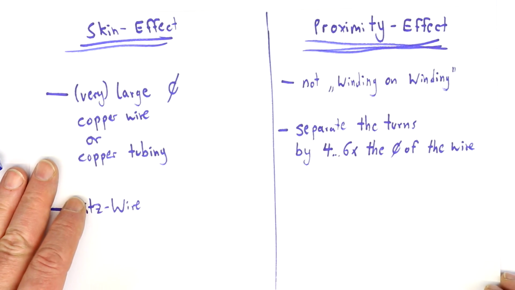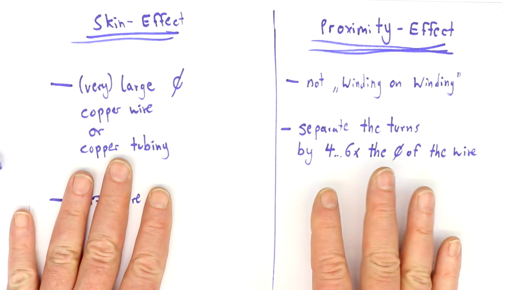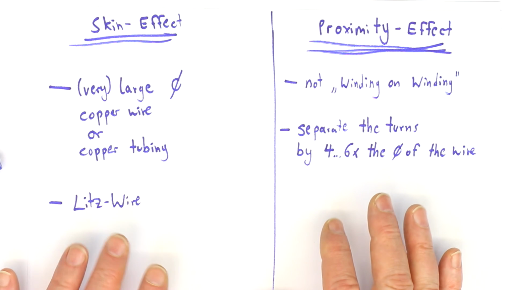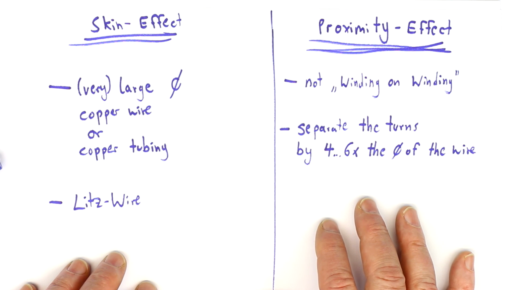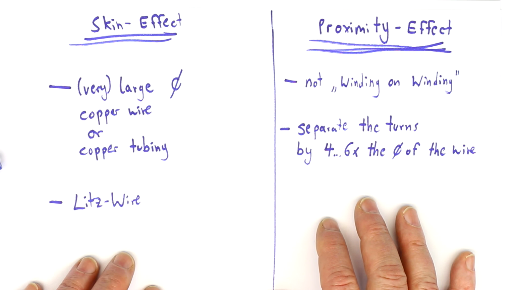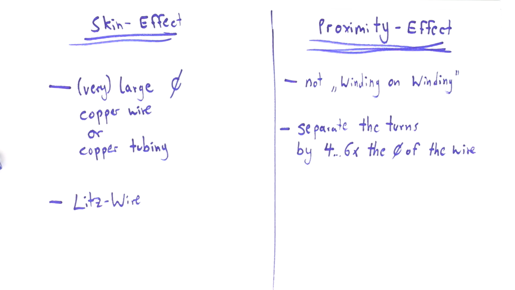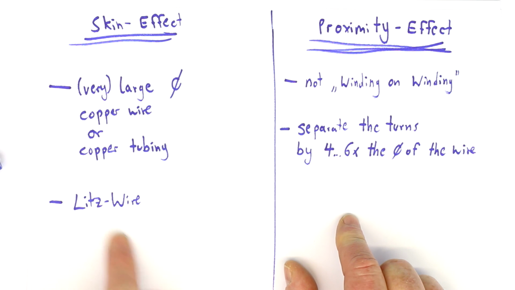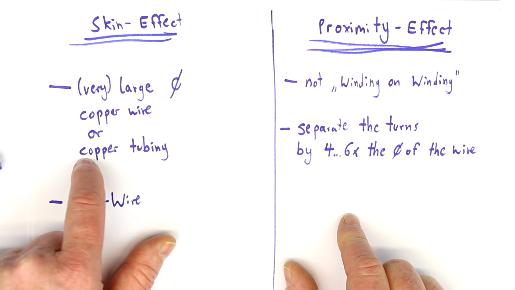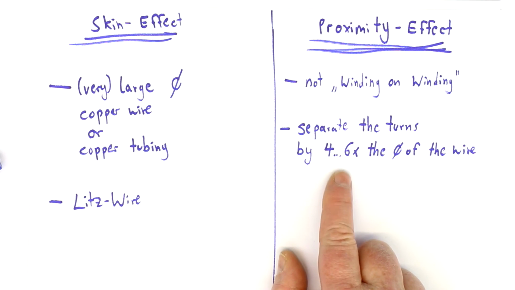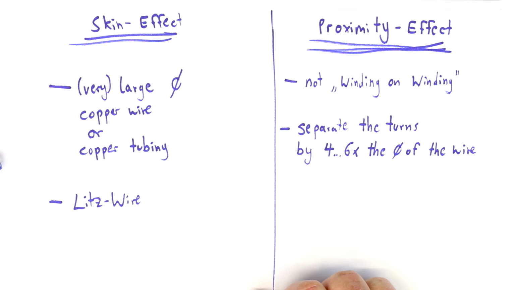So you always have to balance skin effect and proximity effect, and you only can do this with some approximations, or you take a lot of measurements, or you just use the Excel sheet I prepared to give you at least an impression and approximate values of what's better to use: litz-wire, copper wire, copper tubing, what is the effect of separating the turns, etc.